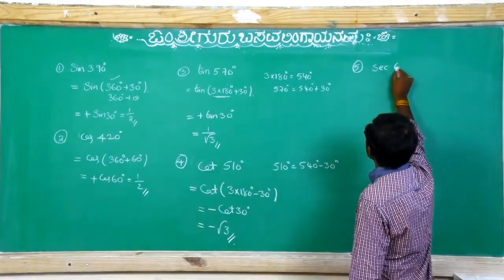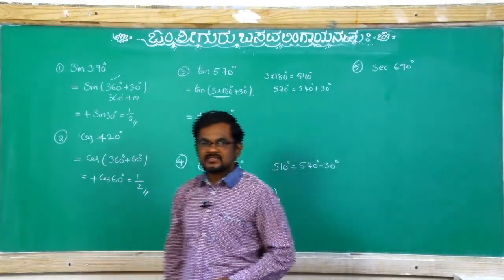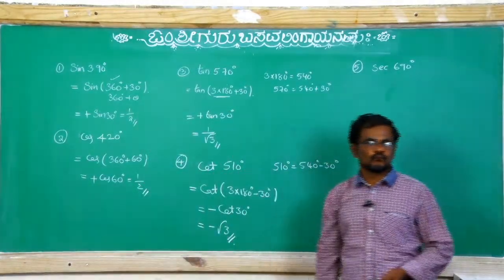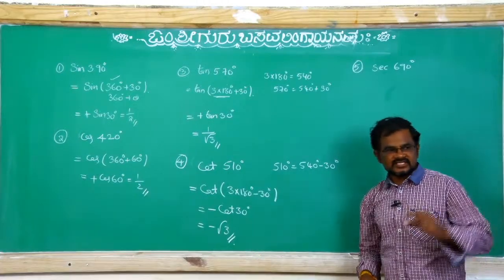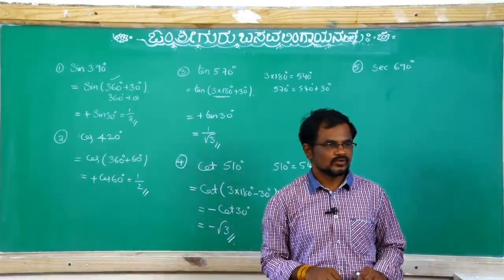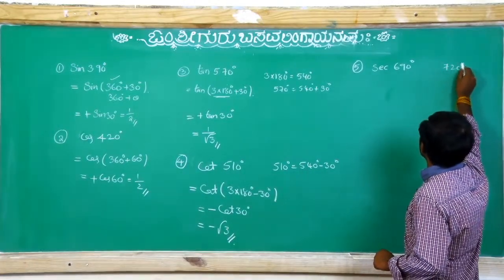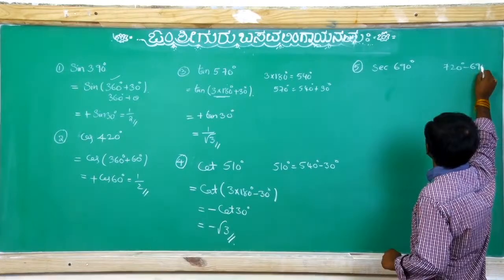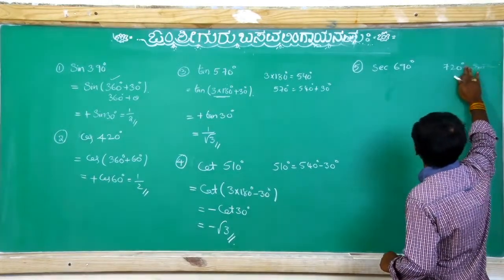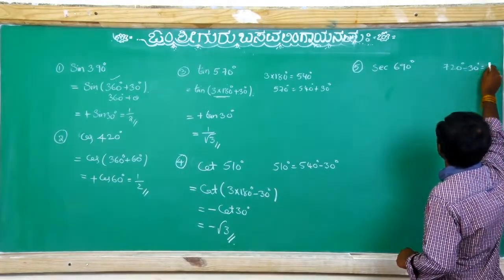Next, fifth one. Secant 690 degrees. So it is near to 720, multiple of 360. Now 720 minus 690 equal to what? 30. Means what we can write? 720 minus 30 equal to 690.